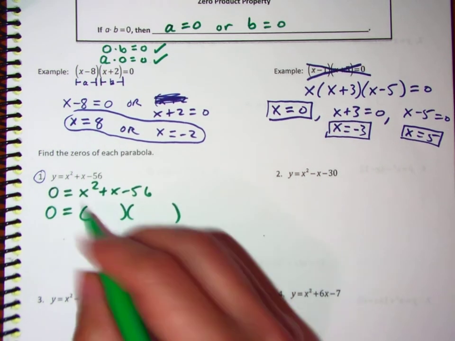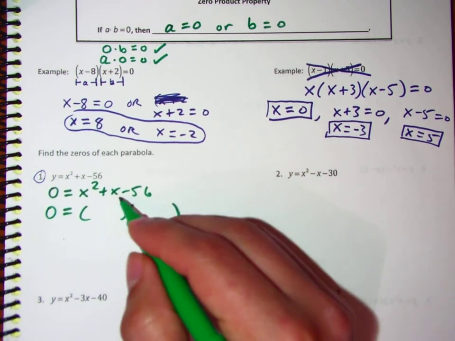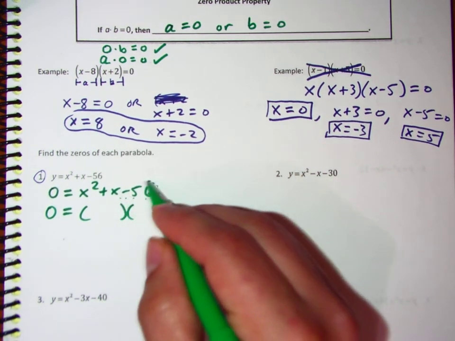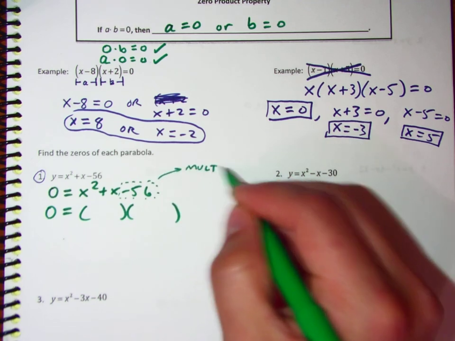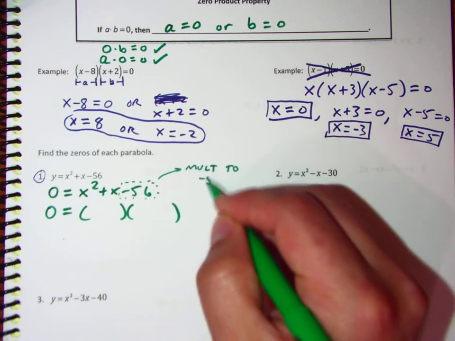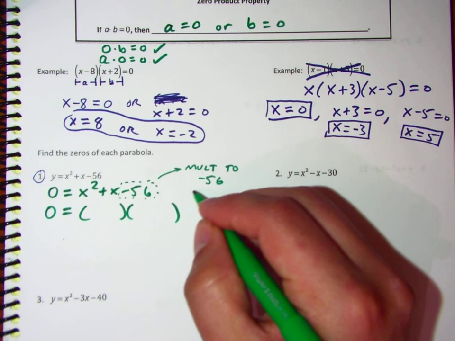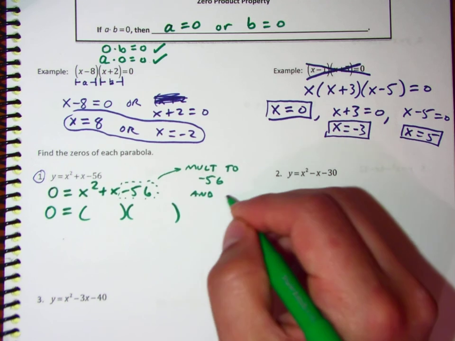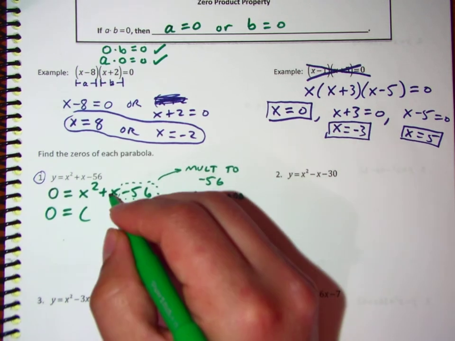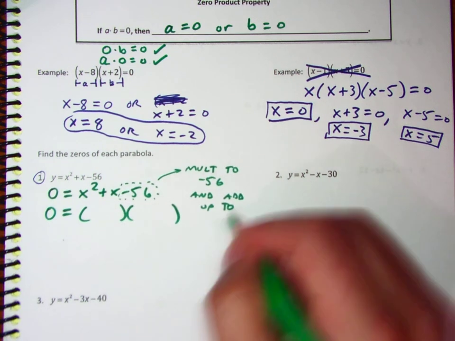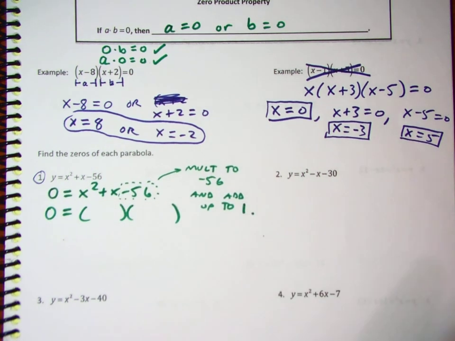The goal here is, you look at the last number. You try to find numbers that multiply to -56 and add up to the middle coefficient. It's not there, but it's a 1. We know it's a 1 if there's no number in front of a variable.